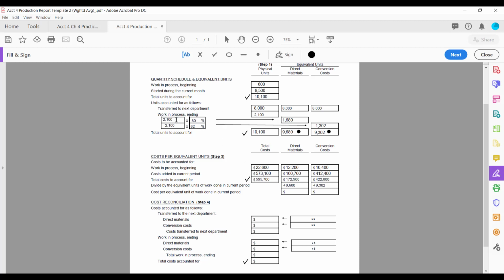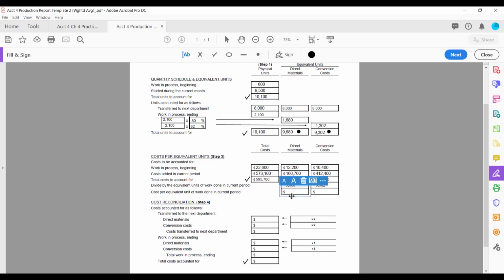So the 2,100 units, remember, if you look at the 80% completion, really is equivalent to 1,680 complete units. So that's how much direct materials money we spent to get 9,680 units complete, as opposed to 8,000 units complete and 2,100 somewhat complete.